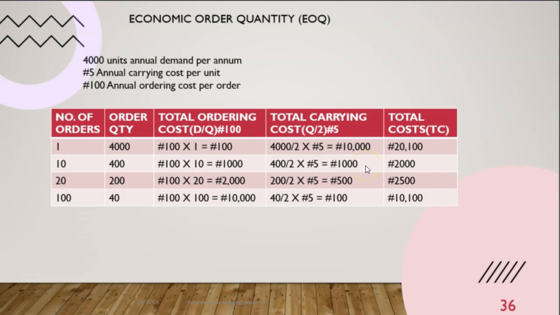That is the position where we are looking at. That is where we call the economic order quantity, the EOQ, where the two costs meet at the same point. We shall get more explanation of this concept as we progress.